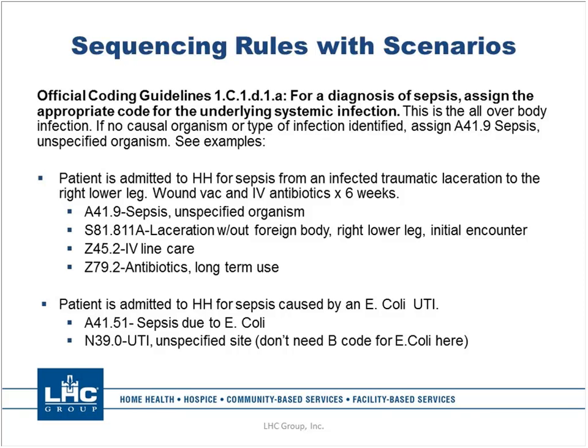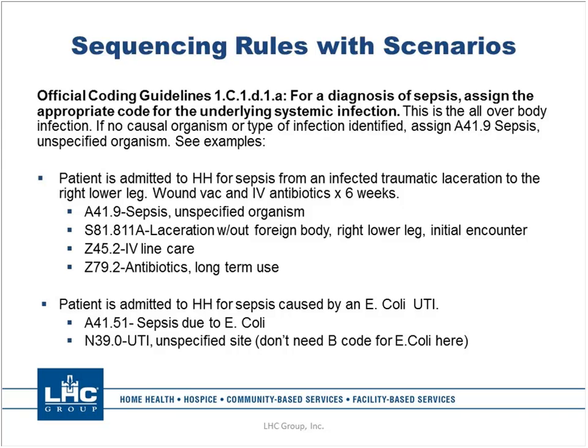That is not what that means. When it says systemic, it's talking about the overall body infection. So if there's not a causal organism or the type of infection itself is not identified, your only option for the underlying systemic infection is A41.9, which is sepsis, unspecified organism.